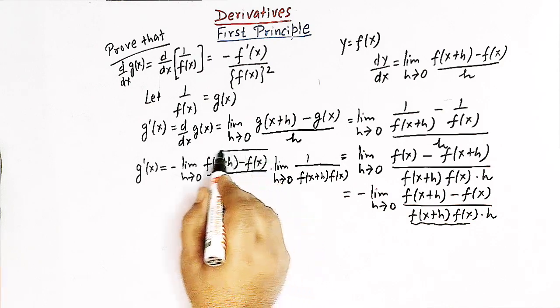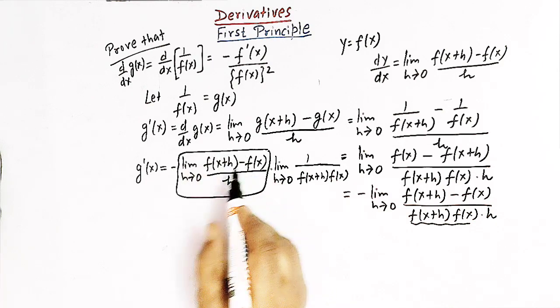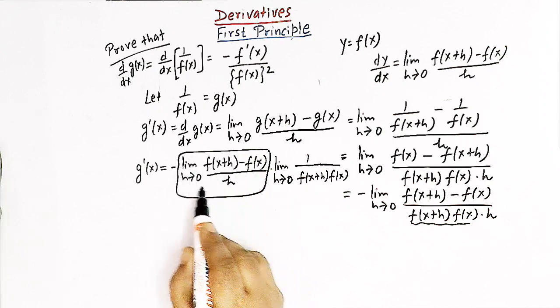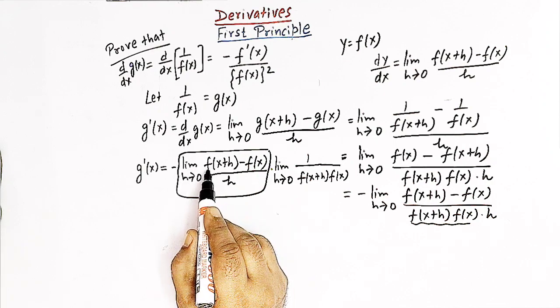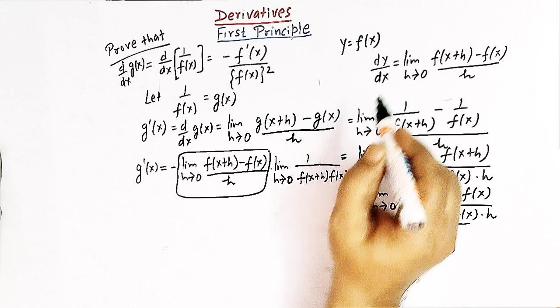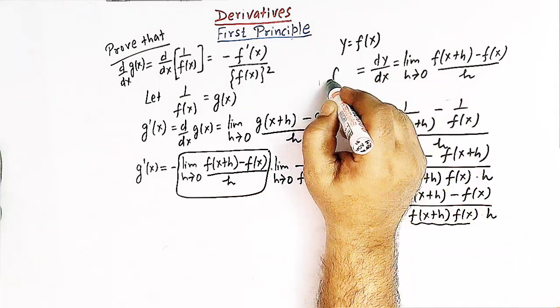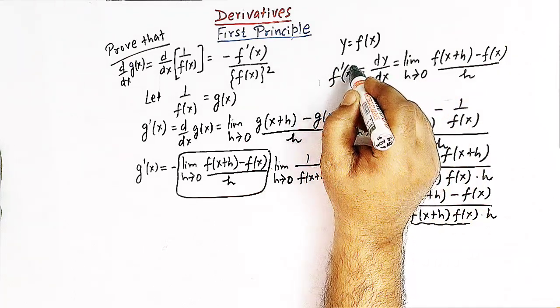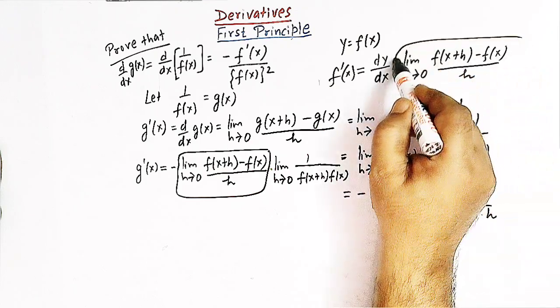Now let us see this quantity. Now, this is the limit definition of the derivative of f of x, because the derivative of f of x is given by this limit.